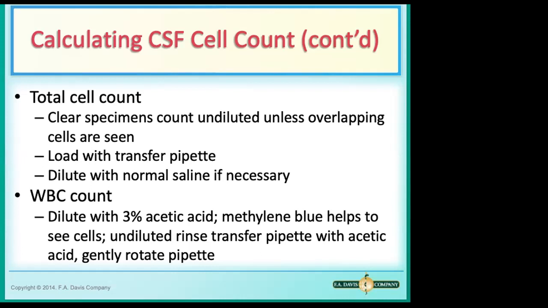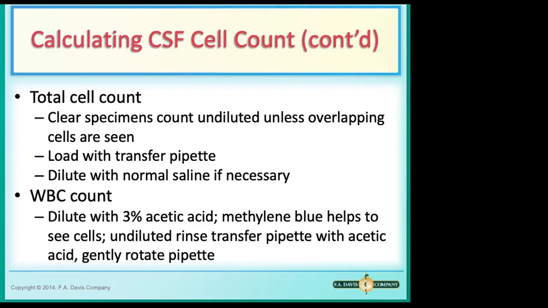In terms of white blood cells, when you do your white blood cell count, you have to lyse the red blood cells so that they don't get in the way. So lysis of red blood cells has to be obtained before you do the white blood cell count on either diluted or undiluted samples of CSF.